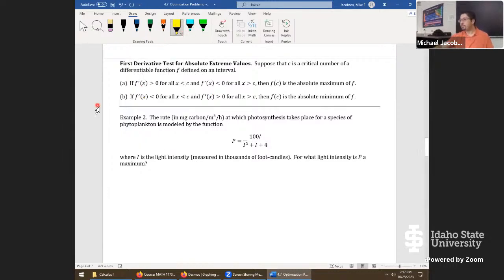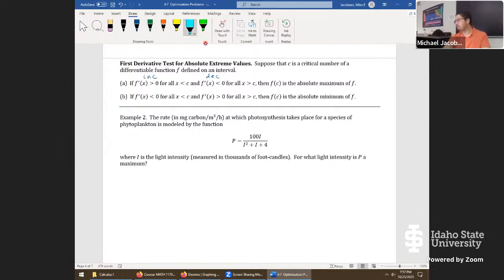If we find that the first derivative is bigger than 0 for all x less than the critical number, and then it goes less than 0 for all x bigger than the critical number, then it's essentially saying right here, you're increasing when there was a positive derivative, then it went decreasing across that critical number c.